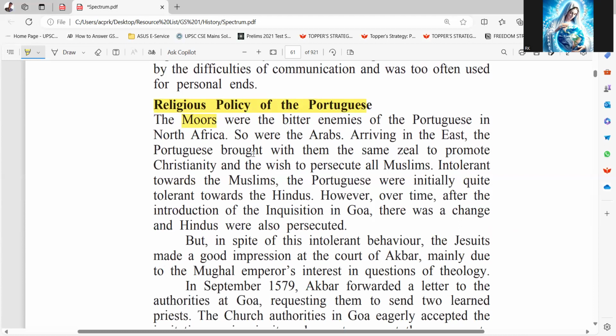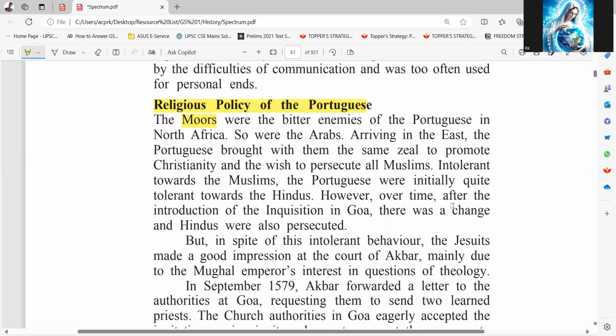Arriving in the East, the Portuguese brought with them the same zeal to promote Christianity and the wish to persecute all Muslims. Intolerant towards the Muslims, the Portuguese were initially quite tolerant towards the Hindus.